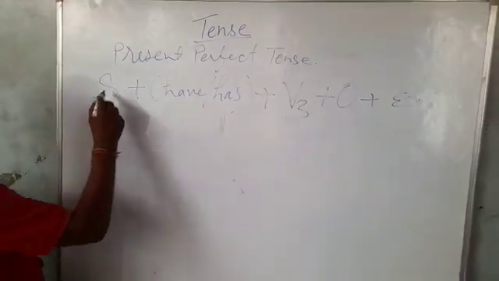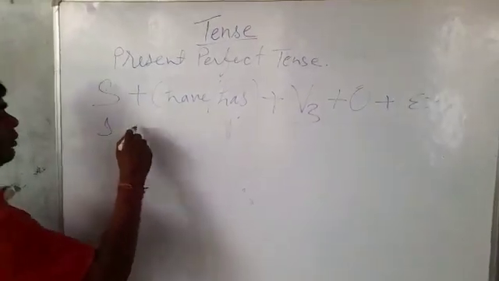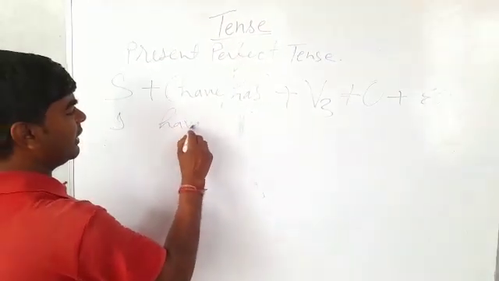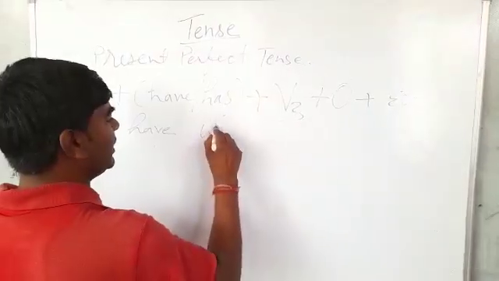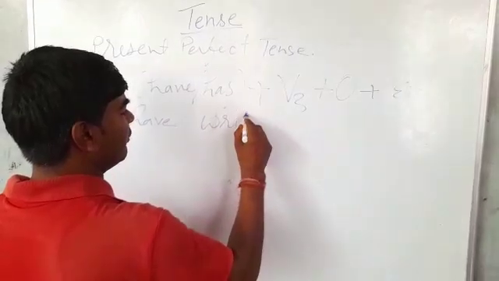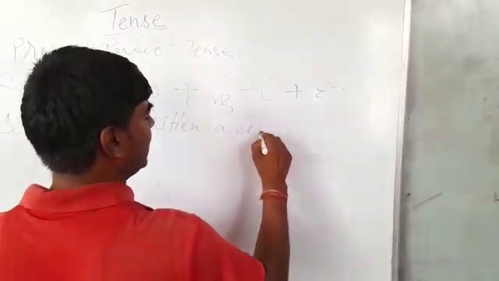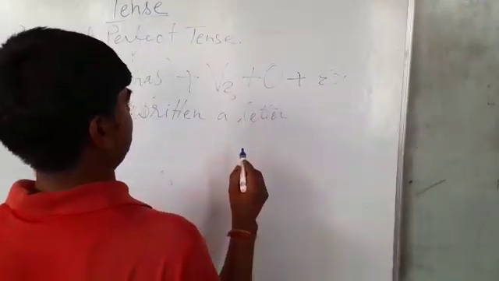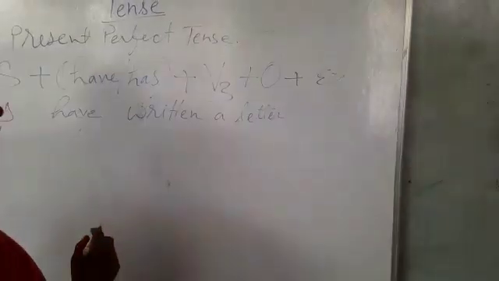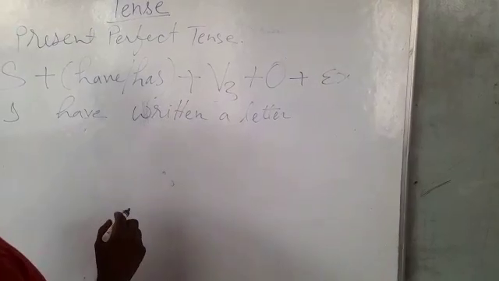Here you see, if the subject is I, we will use have. I have written. The third form of write is written. I have written a letter.